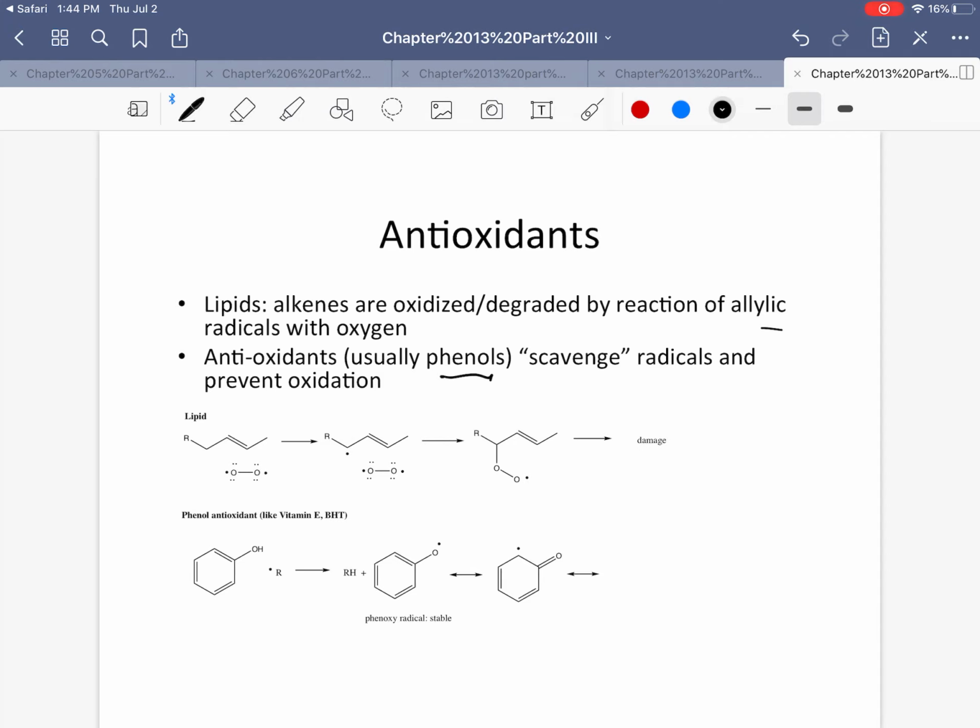So some food preservatives are antioxidants. These are usually phenols, and what they do is scavenge radicals and prevent this oxidation.